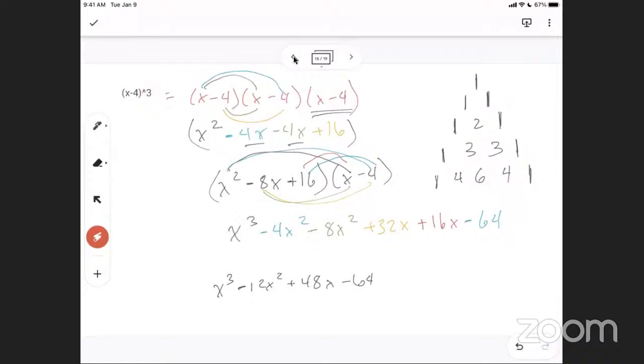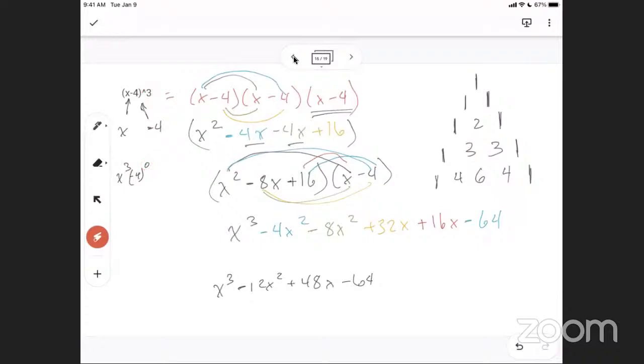So what you're going to do is take this right here, x, and this right here is -4. You're going to start with an x cubed and a -4 to the 0 power. And then you're going to keep decreasing this by 1 and increasing this by 1.